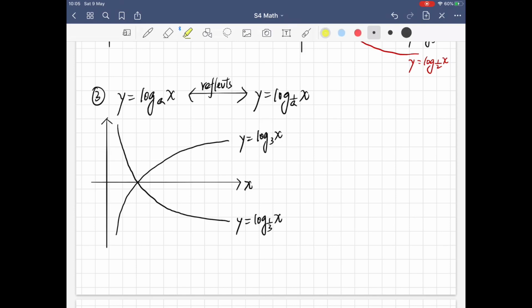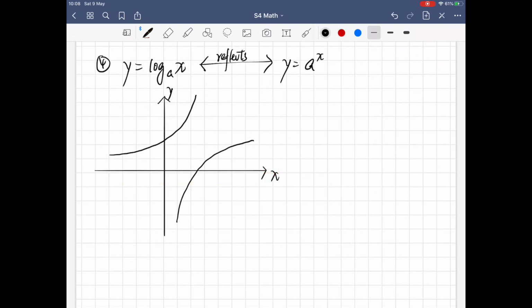Where is the axis of reflection? That is the x-axis. We call it y equals 0, and it is the axis of reflection, that means the mirror.